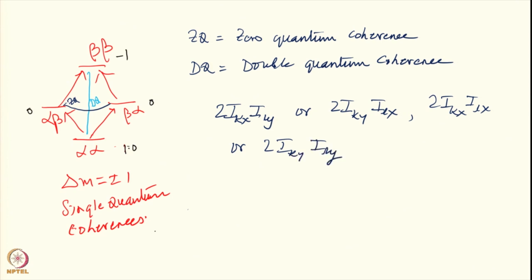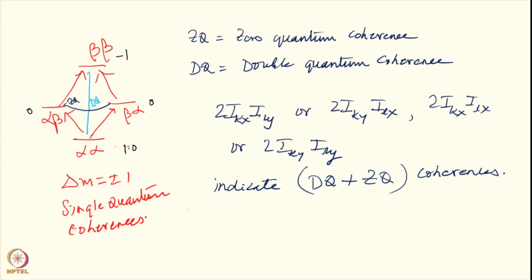These kinds of terms indicate mixtures of double quantum plus zero quantum coherences. A combination of these can create pure double quantum or pure zero quantum.